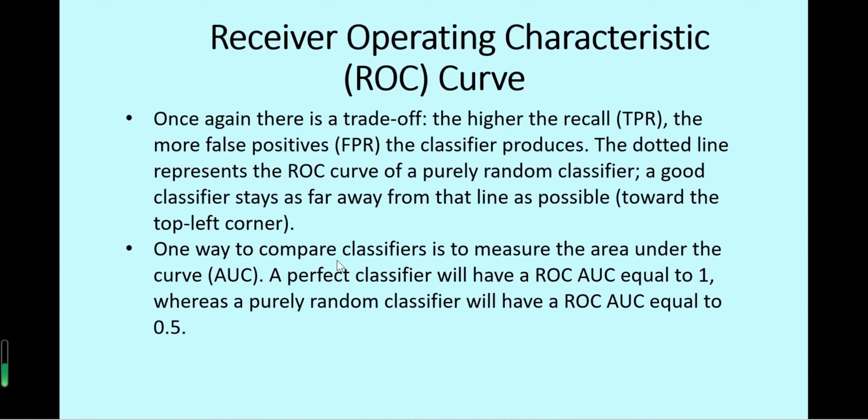One way to compare classifiers is to measure the area under the curve, called AUC. A perfect classifier will have a ROC AUC equal to 1, and a purely random classifier will have a ROC AUC equal to 0.5.